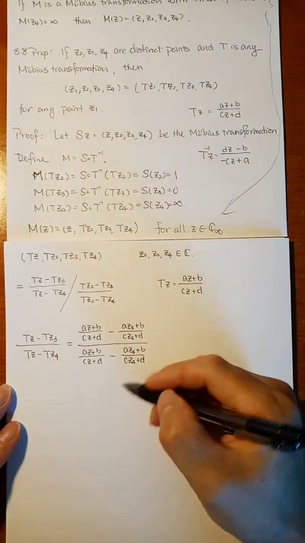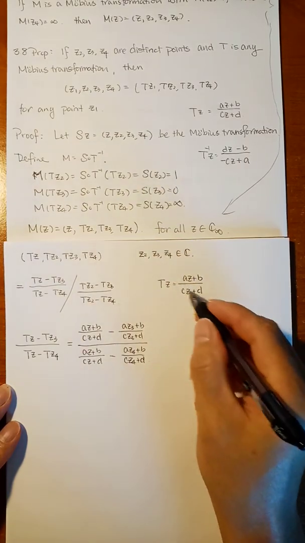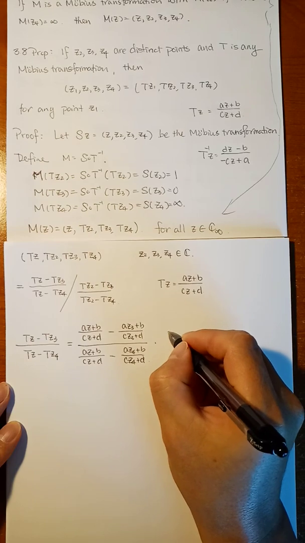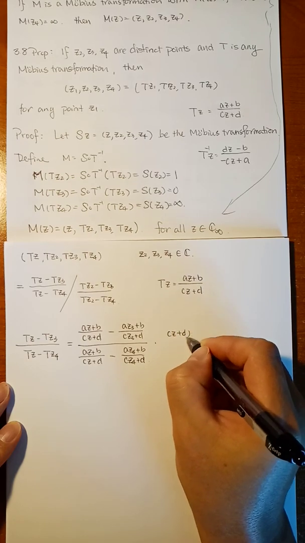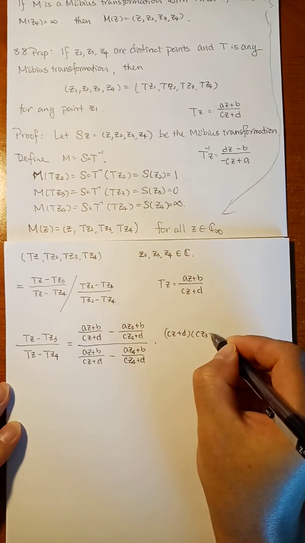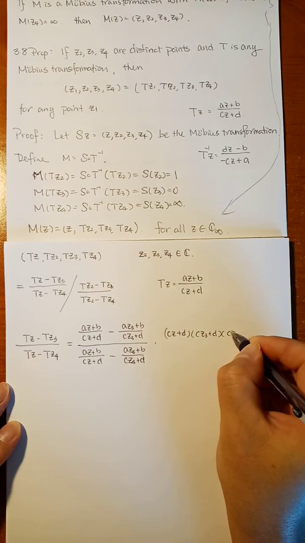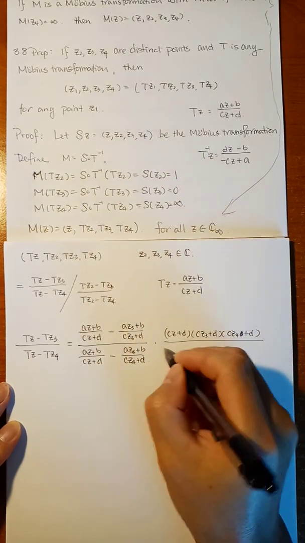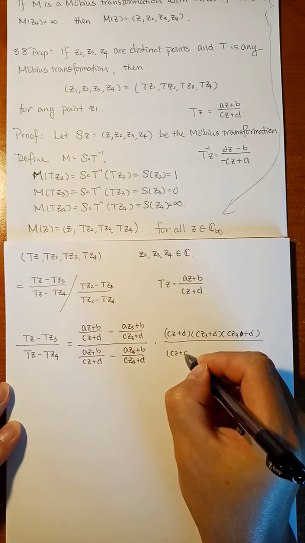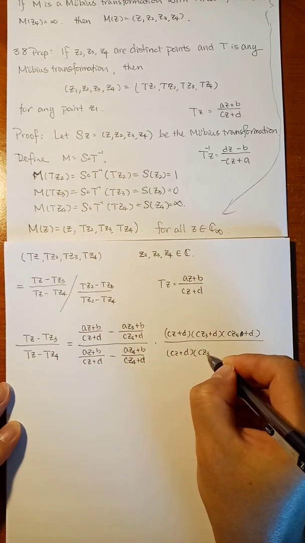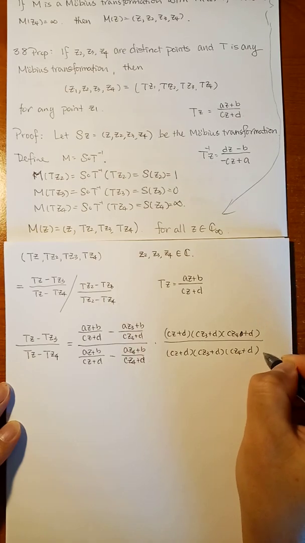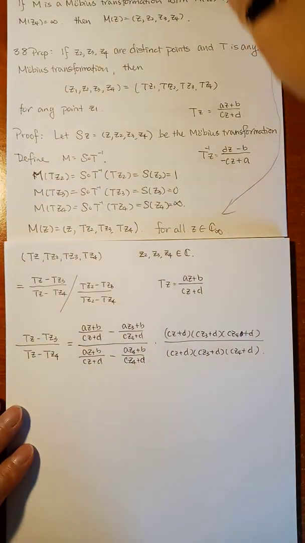Just apply the formula of Tz. And then we're going to multiply top and bottom by cz plus d, cz3 plus d, cz4 plus d. So cz plus d, cz3 plus d, cz4 plus d. I want to cancel the denominator.